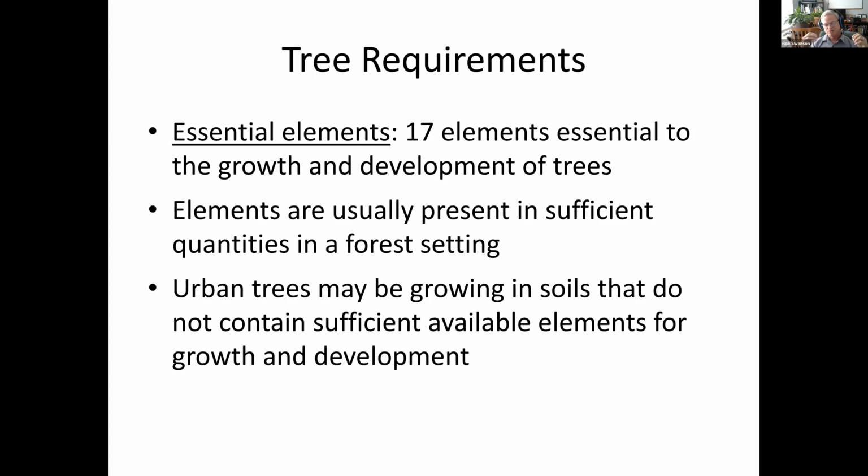Remember that we as arborists tend to work with trees as individual trees, like out in our front yards, things like that, and not out in the forest. Because we're taking trees out of the forest and putting them into a semi-synthetic environment, we have to check to make sure that they really do have what they need.